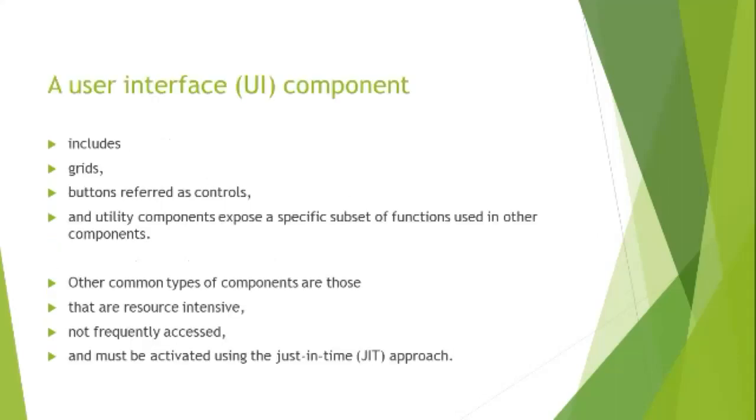Friends, a user interface component includes grids and buttons referred to as controls, and utility components expose a specific subset of function used in other components. Other common types of components are those that are resource intensive, not frequently accessed, and must be activated using the just-in-time approach.